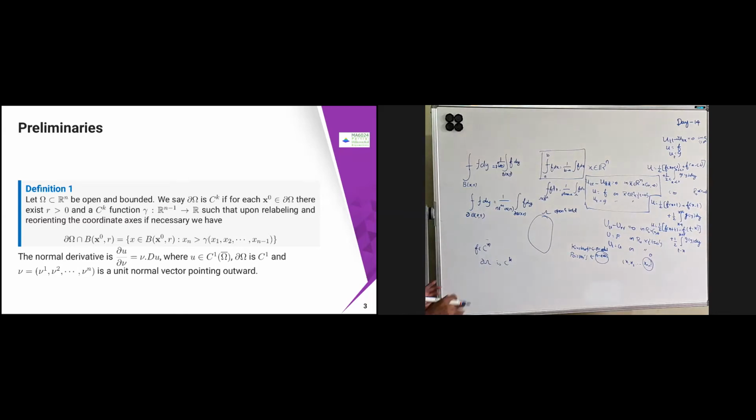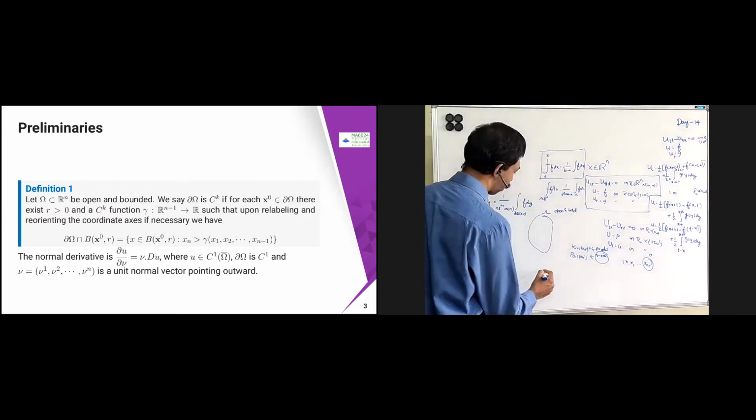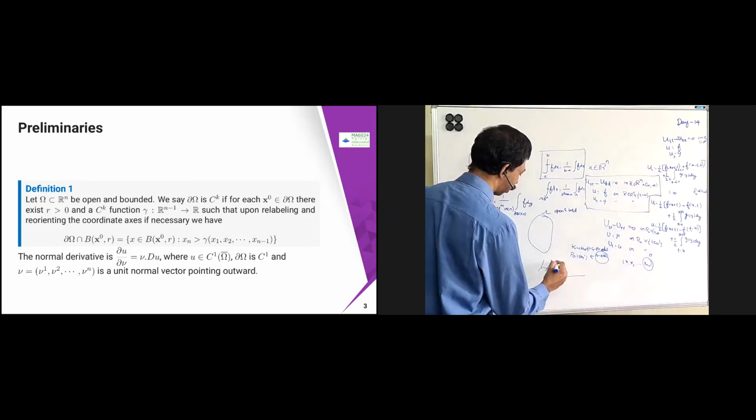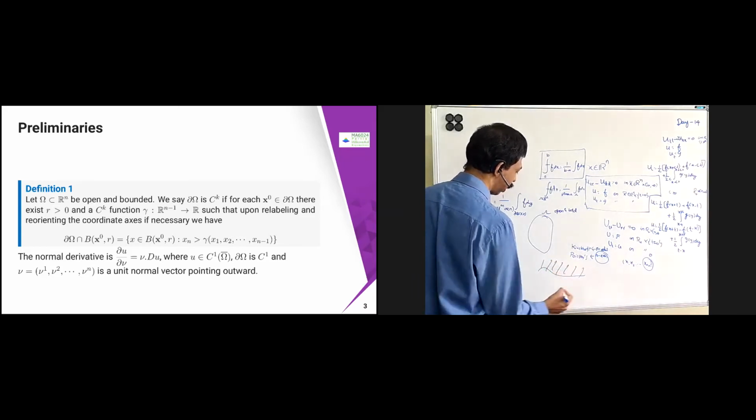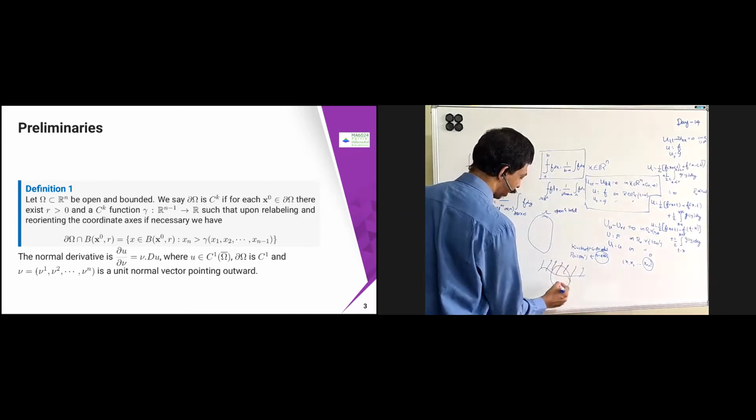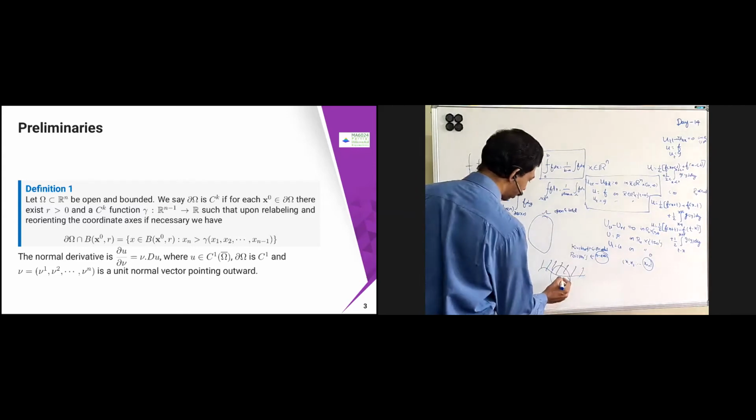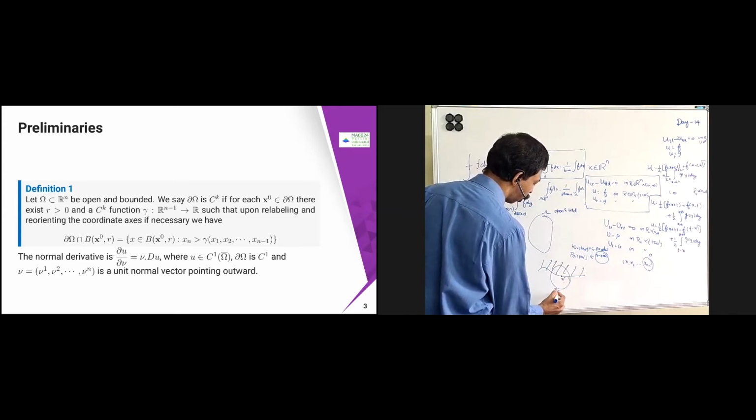In this case, suppose I have a domain here, and a surface. I'm going to take a ball around some point, let's take x naught. I'm going to denote this as B of x naught comma r.